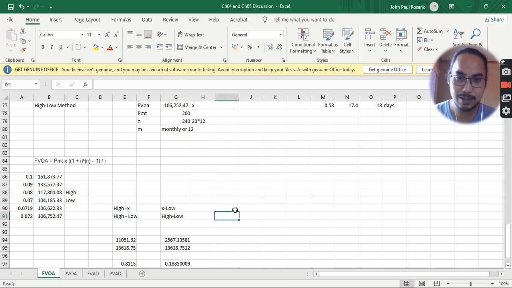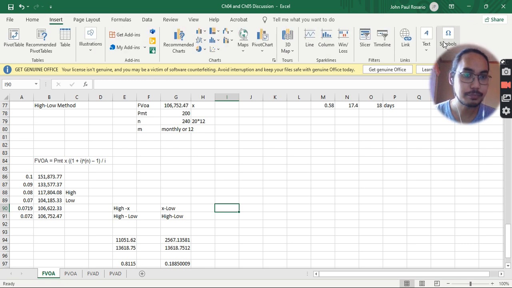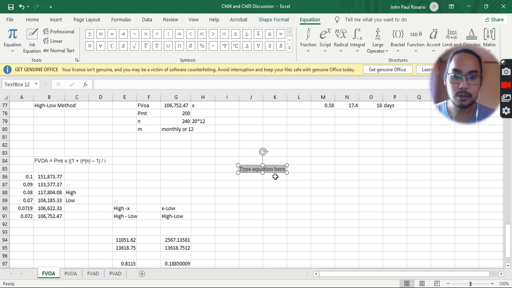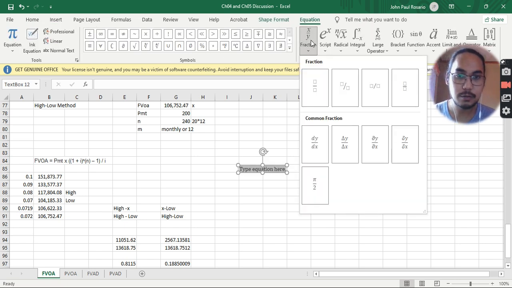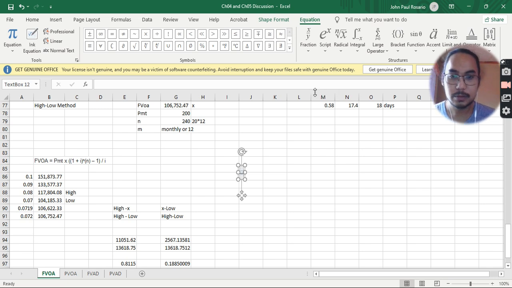So in formula, it is shown like this, a fraction: high minus x over high minus low.